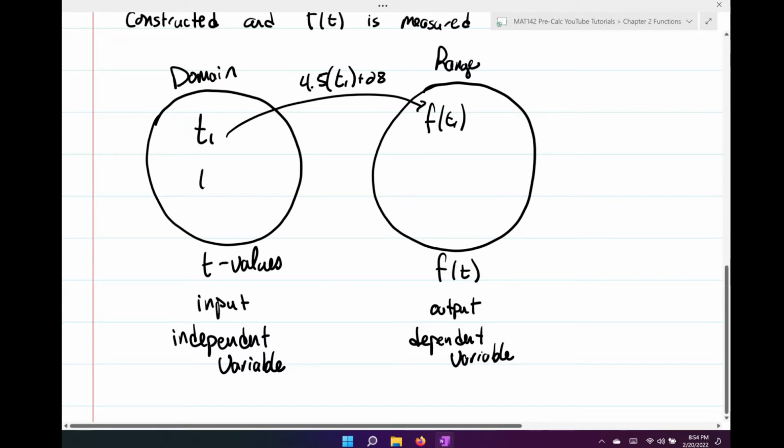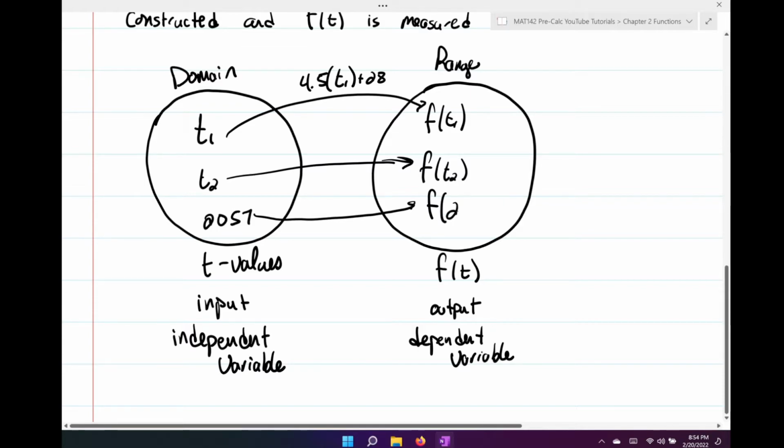We can also have another t value called t2, and this will just be f of t2. Like I said, this allows us to predict things. So maybe in the year 2057, we could figure out what the water level is in the year 2057. Okay, so that's what functions do.